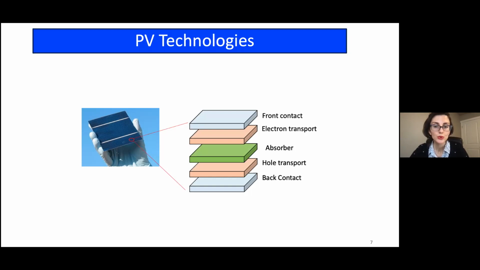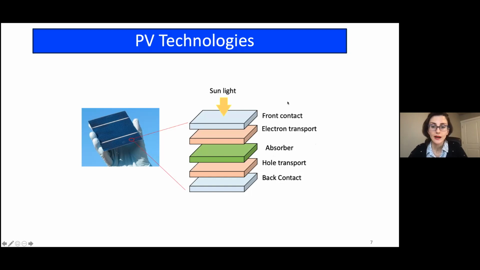A closer look at the solar material structure shows that the module is actually made up of 5 thin layers. Each layer has a distinctive purpose in this structure. There's an absorber material in the middle. It is covered by electron and hole transport layers, and there are front and back contacts on the surfaces.